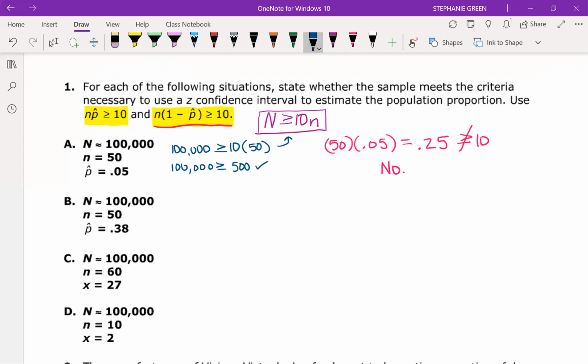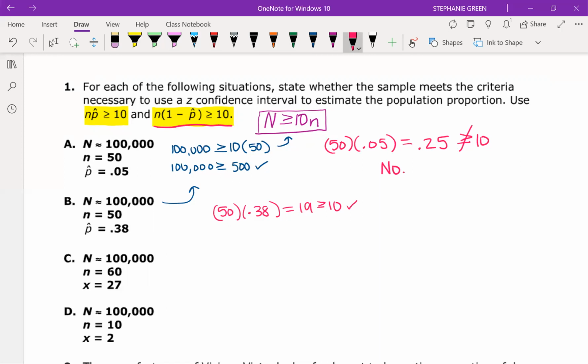All right, next one, same thing. The population size and sample size are the same as last time, so we already know that condition is met. So let's check if we can use normal approximation now. n p hat, 50 times 0.38, is 19. Is that greater than or equal to 10?